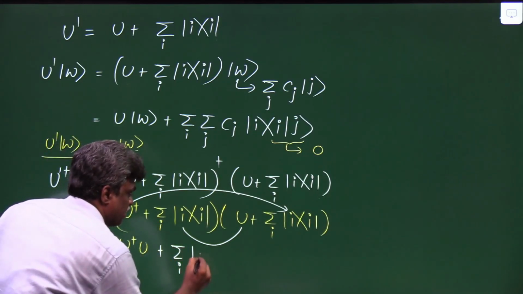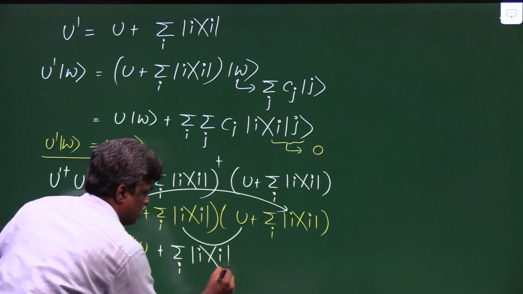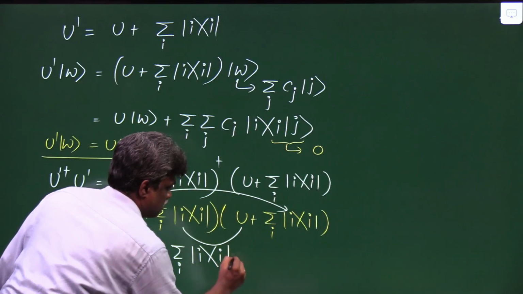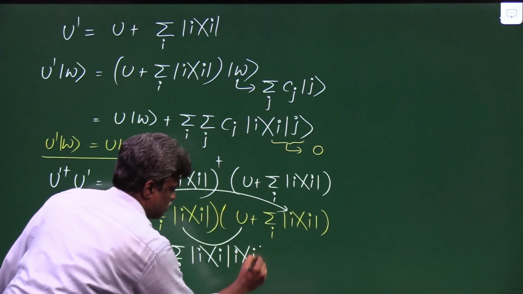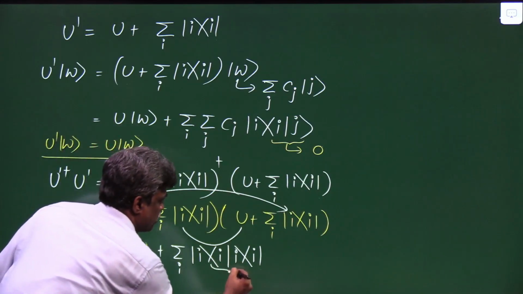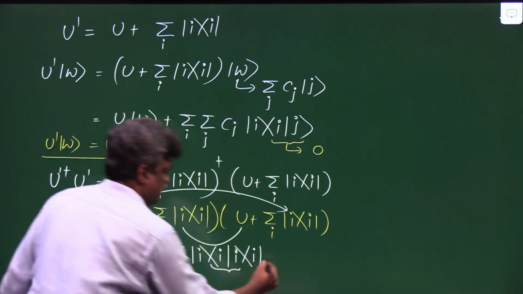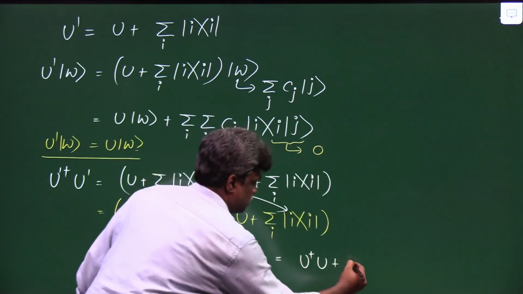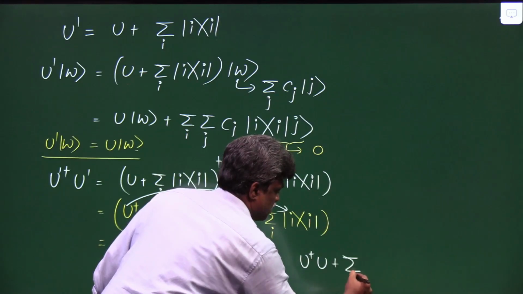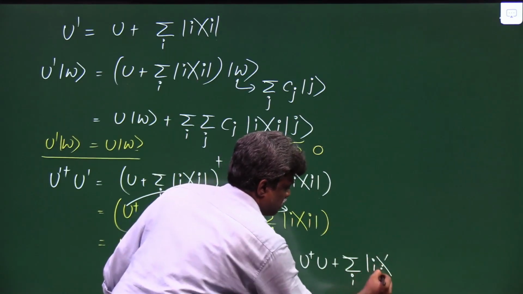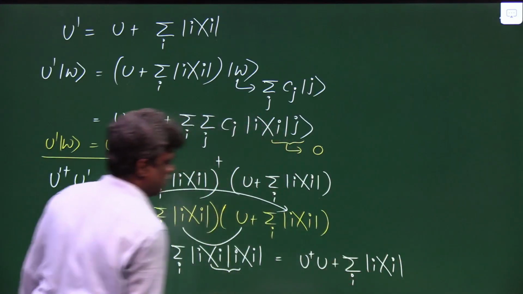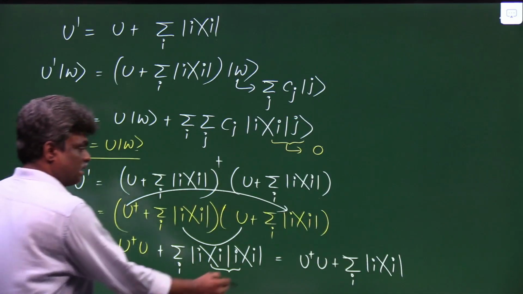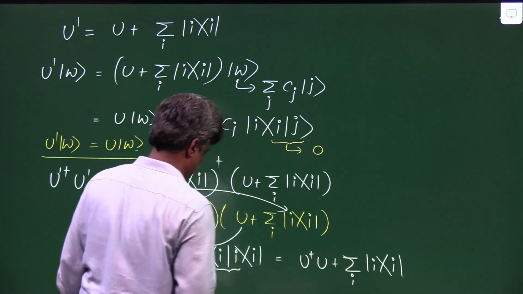This inner product is 1, of course, and finally we got u dagger u plus this summation over i of |i><i|.